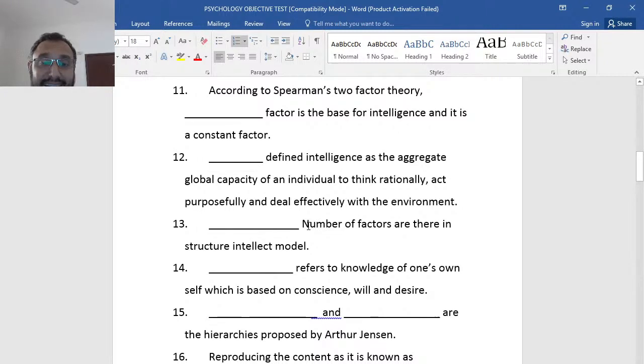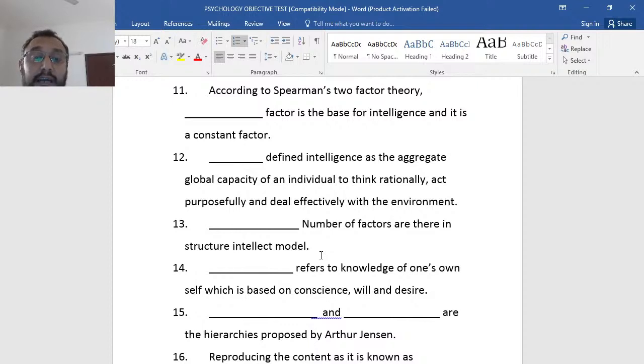What is the number of factors in the structure of intellect model? The structure of intellect model means Guilford's intelligence theory, J.P. Guilford's intelligence theory. This theory at first had 120 factors, later 150.